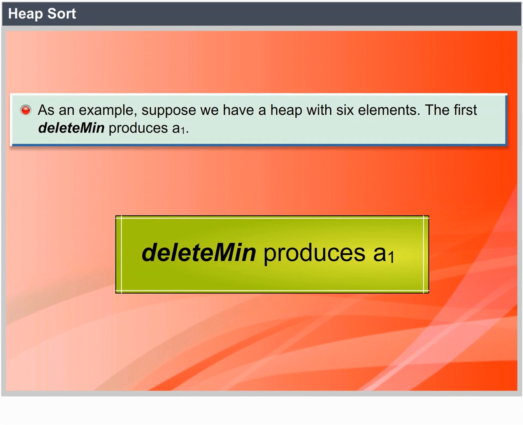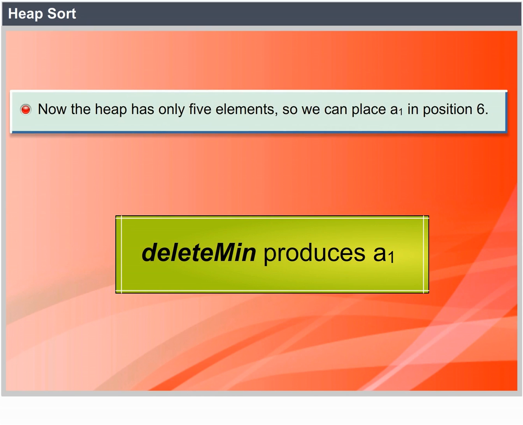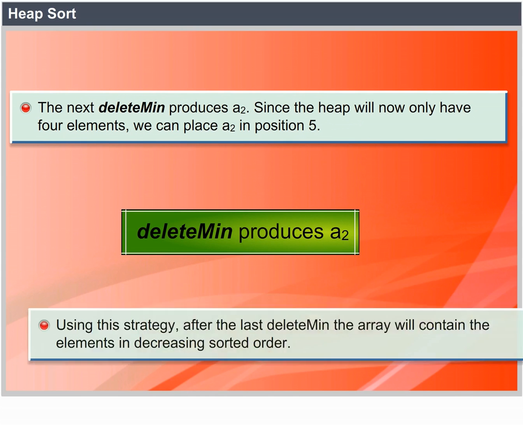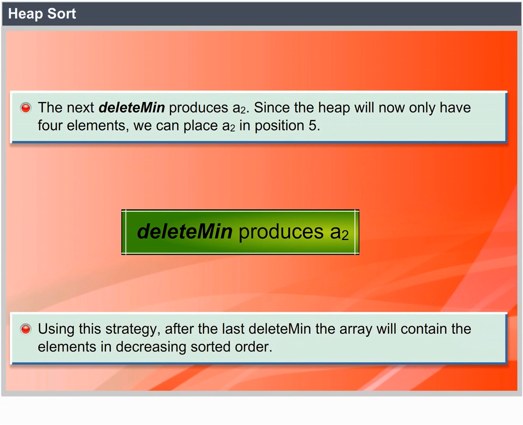The first delete min produces A1. Now the heap has only 5 elements, so we can place A1 in position 6. The next delete min produces A2. Since the heap will now only have 4 elements, we can place A2 in position 5. Using this strategy, after the last delete min, the array will contain the elements in decreasing sorted order.